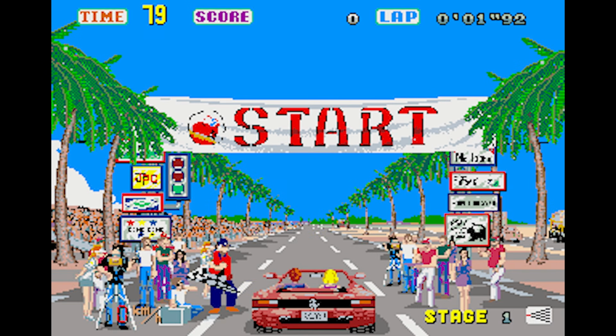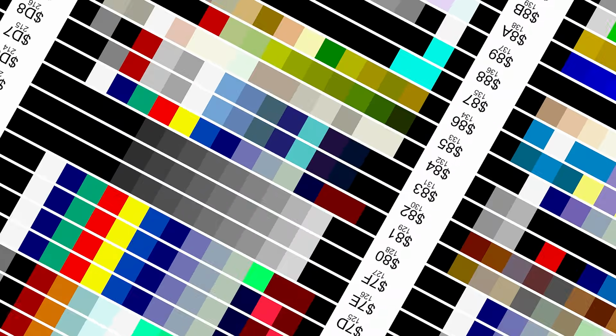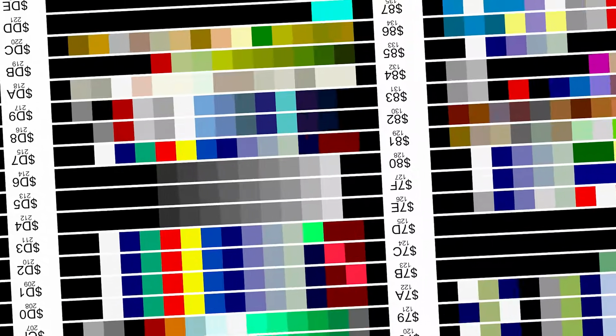Surely this shouldn't be difficult, and why am I making a video about this? Well, the challenge is that whilst OutRun rarely exceeds 256 colours for a single frame, it uses thousands over the course of a single level. The game engine expects all of those colours to be available at any time.